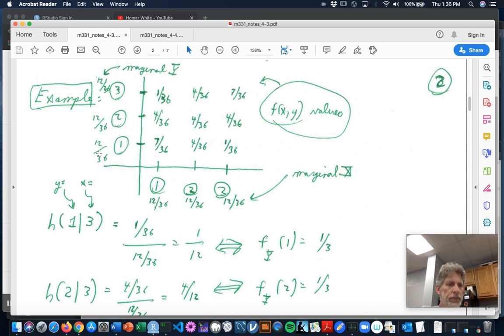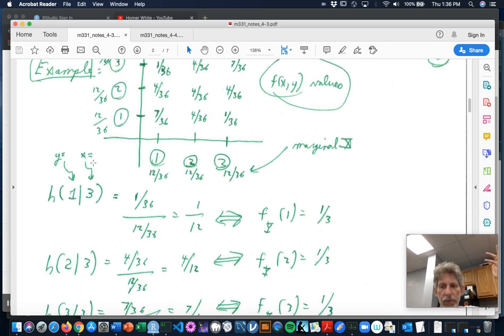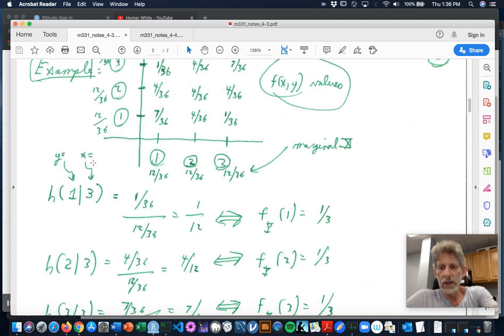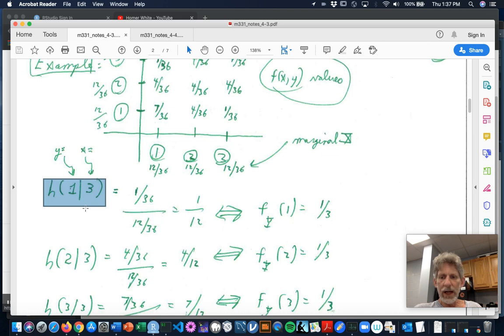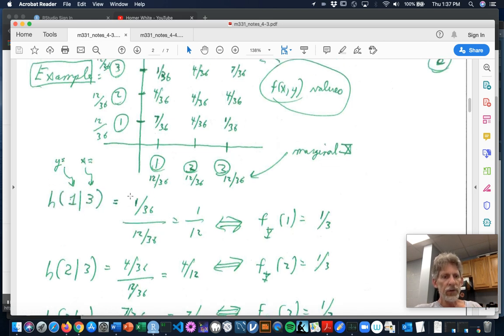Okay, so why don't I just compute a few conditional PMF values for you. So here we've got the chance that Y is 1 given that X is known to be 3. So we look for the chance that X is 3 and Y is 1.